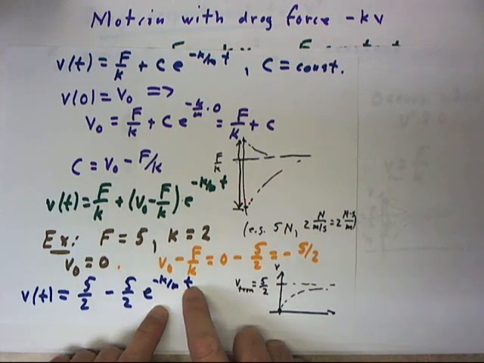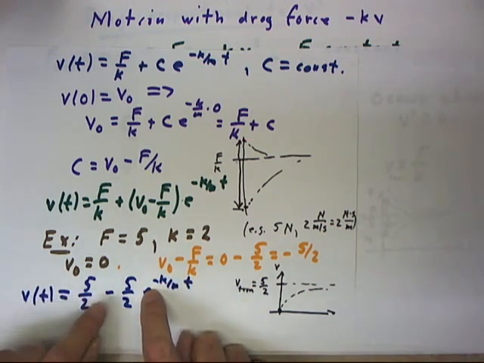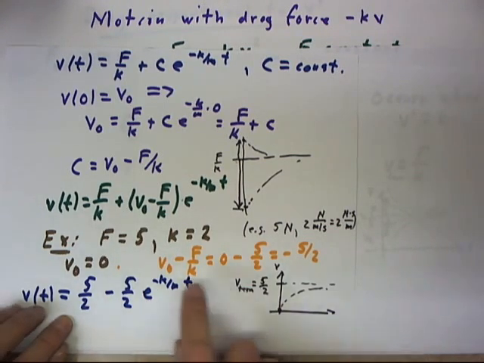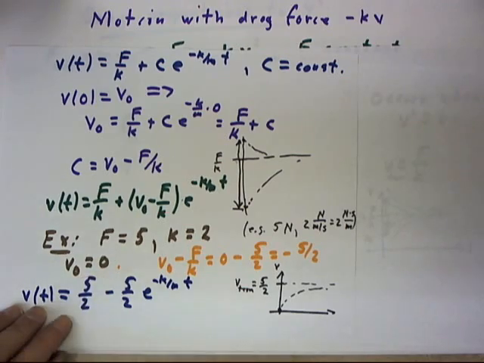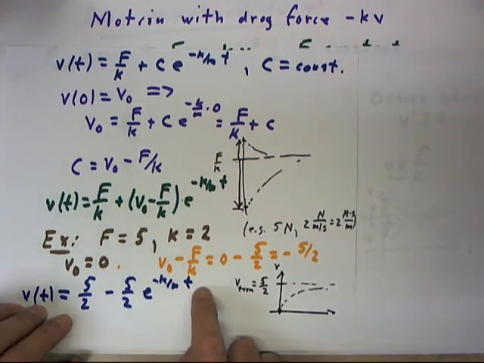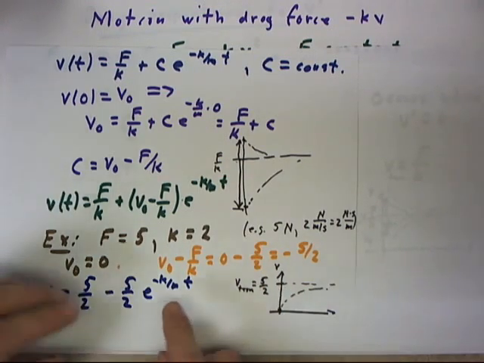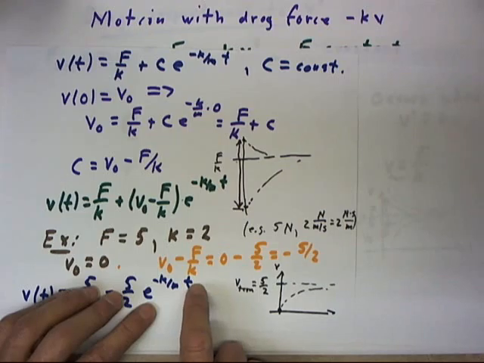Now, when t equals 0, this exponential function is 1, and our velocity is 5 halves minus 5 halves, which is 0, in accordance with our original assumption that V naught equals 0. As t approaches infinity, e to the negative k over m t approaches 0, so that our negative 5 halves, e to the negative k over m t, approaches, did I say e to the negative k over m t approaches 0?